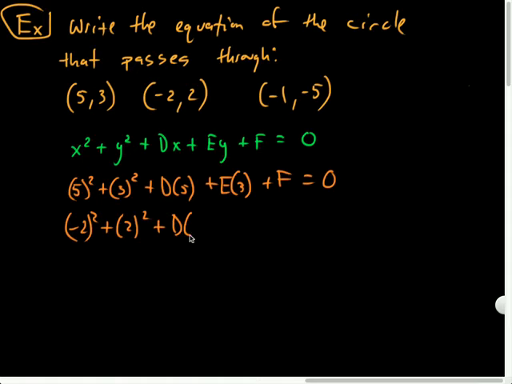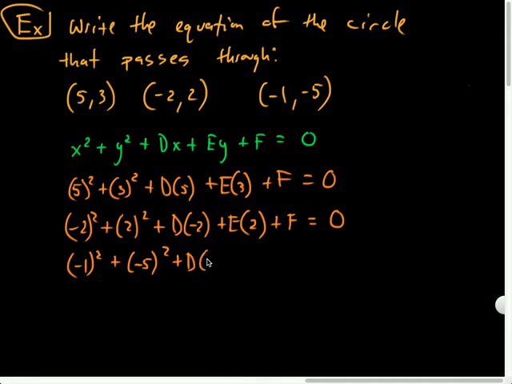You see what I'm doing? I'm going to get 3 separate equations here. Let's see, e times -5 and f equals 0.